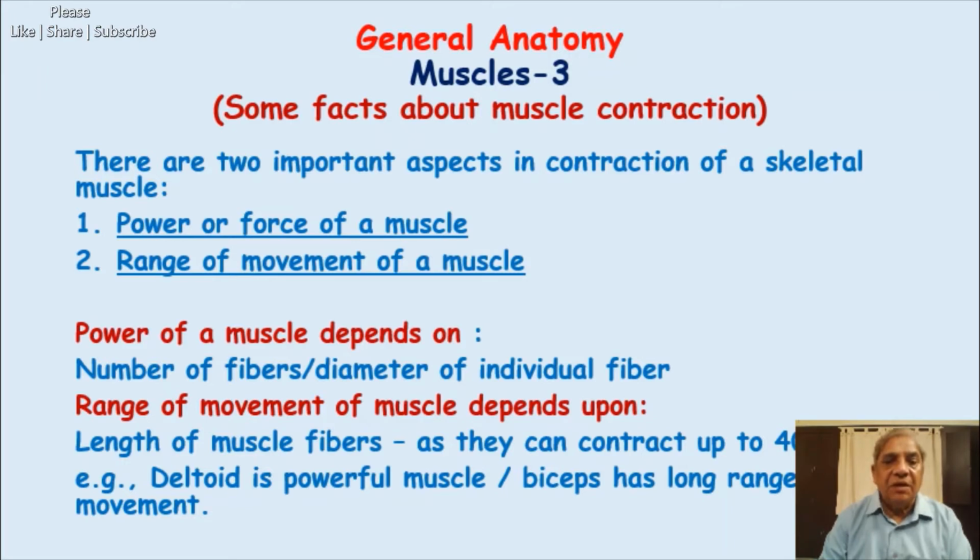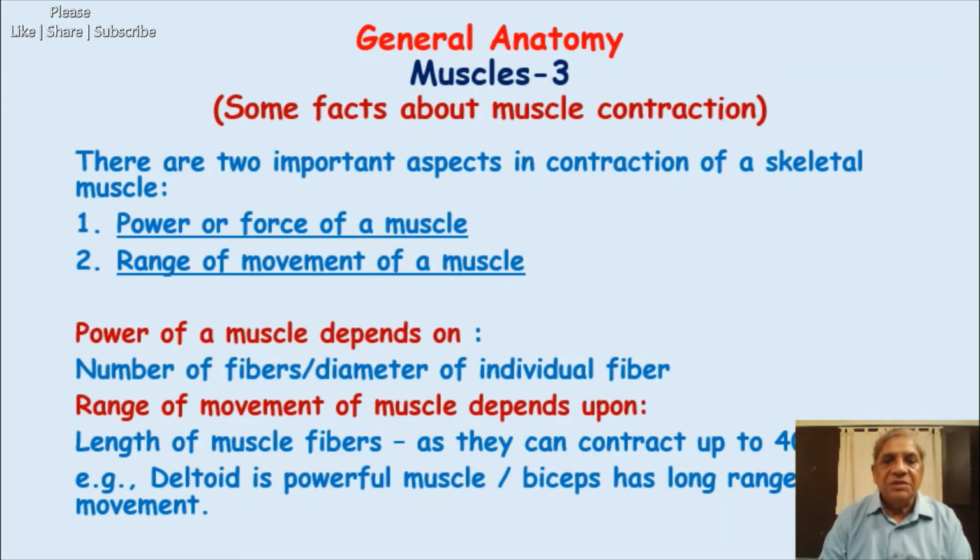Because of the obliquity, many more fibers can be accommodated in a single muscle. At the same time, the diameter of the individual fibers is more in those muscles which are involved in strenuous work. For example, when a person is doing strenuous exercise in the gym, his muscles get thicker.